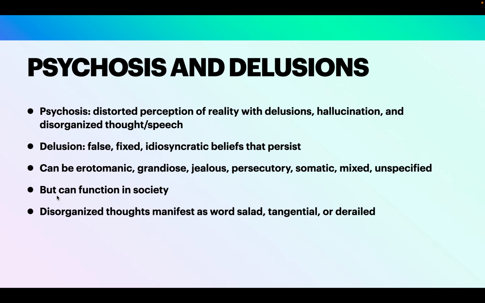There's all different kinds: erotomanic, grandiose, jealousy, persecutory, somatic, mixed, and then, of course, unspecified. The most dangerous ones are the erotomanic and jealous delusions, because unfortunately these do happen to men, and they do lash out at their object of desire in their erotomanic delusion, or the person that they perceive is cheating on them, or the person that is taking their loved one away.